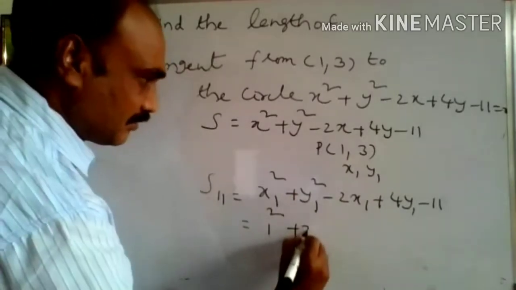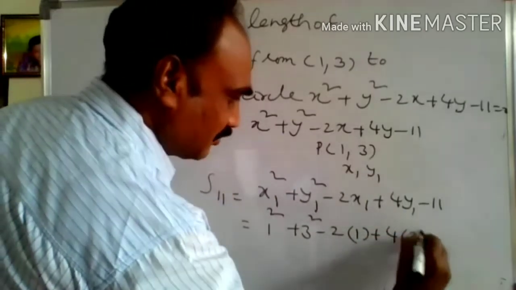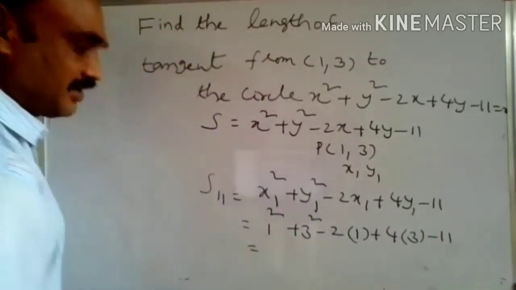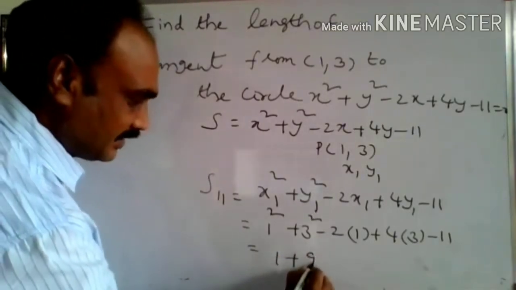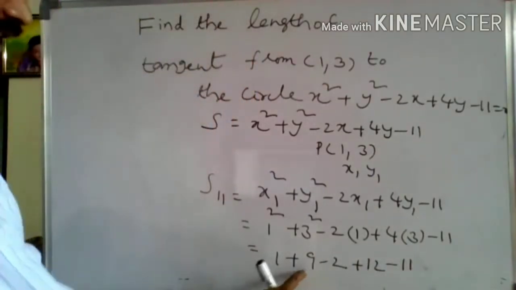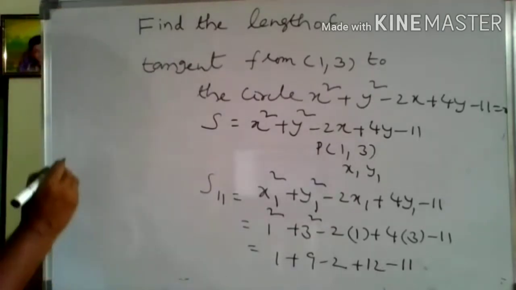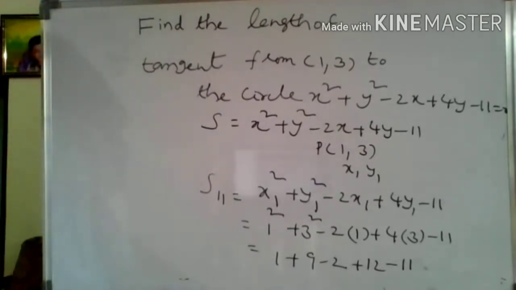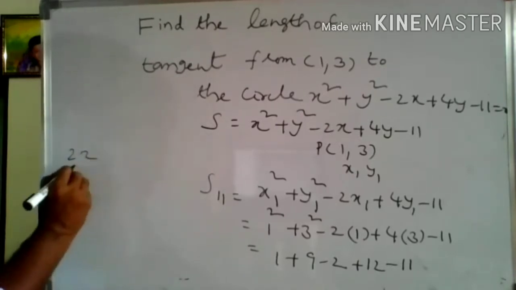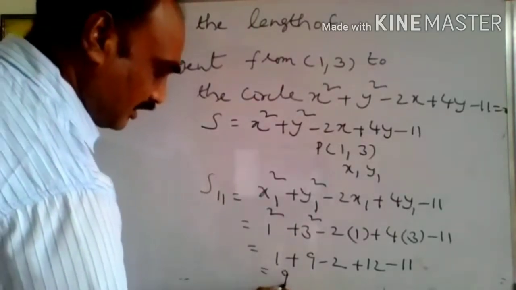So 1² + 3² − 2(1) + 4(3) − 11 = 1 + 9 − 2 + 12 − 11. 1 plus 9 is 10, 10 plus 12 is 22, 22 minus 13 is 9. So S11 is equal to 9.